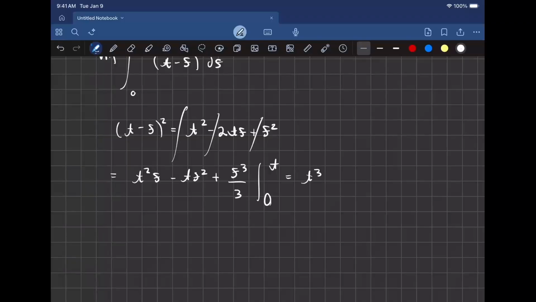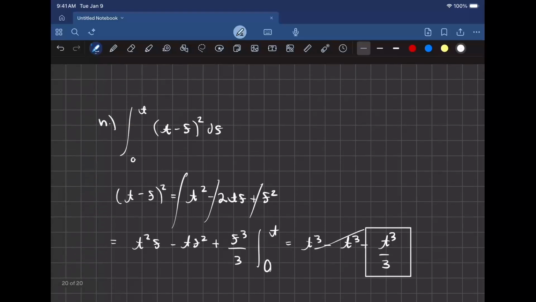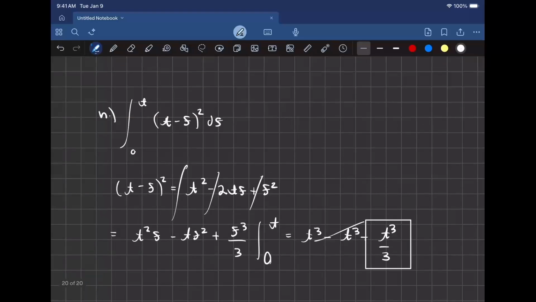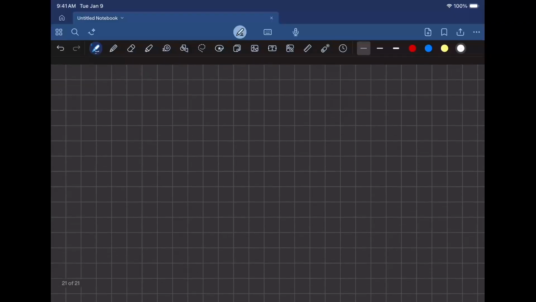So this is t cubed minus t cubed plus t cubed over 3. These go away, so our solution is just t cubed over 3, or 1/3 t cubed. So there's nothing special about this integral. We just expand it and integrate these using the power rule. Okay, let's look at the integral letter O.